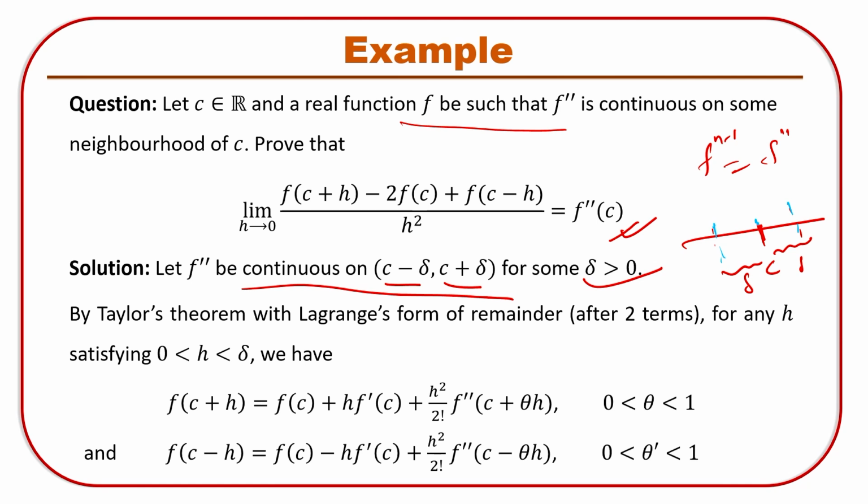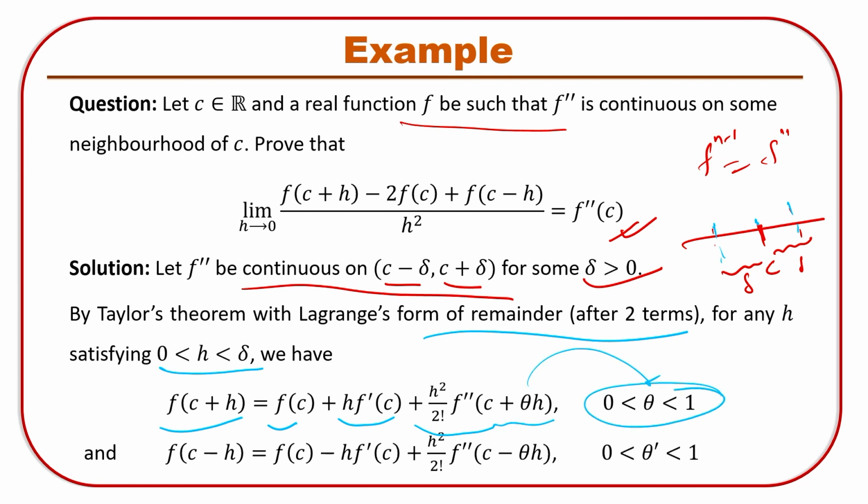By Taylor's theorem with Lagrange form of remainder after 2 terms, for any h satisfying 0 less than mod h less than delta, we have f(c plus h) equal to f(c) plus h f dash of c plus h square by factorial 2 f double dash of c plus theta h, where theta lies between 0 and 1.